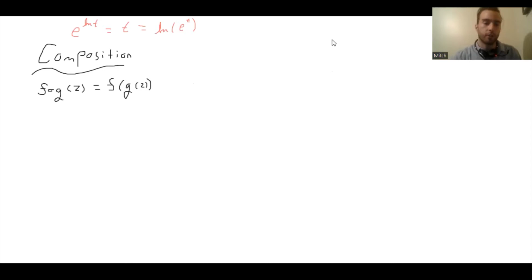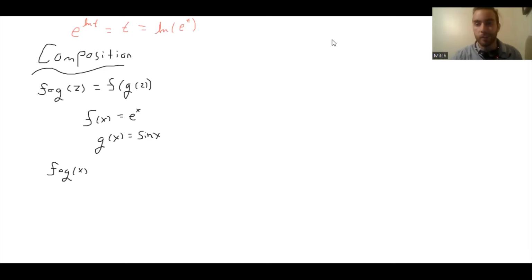And so with our example of, let's say, f of x is e to the x, then I don't know, g of x is sine x. Then this composition between them, f composed with g of x.